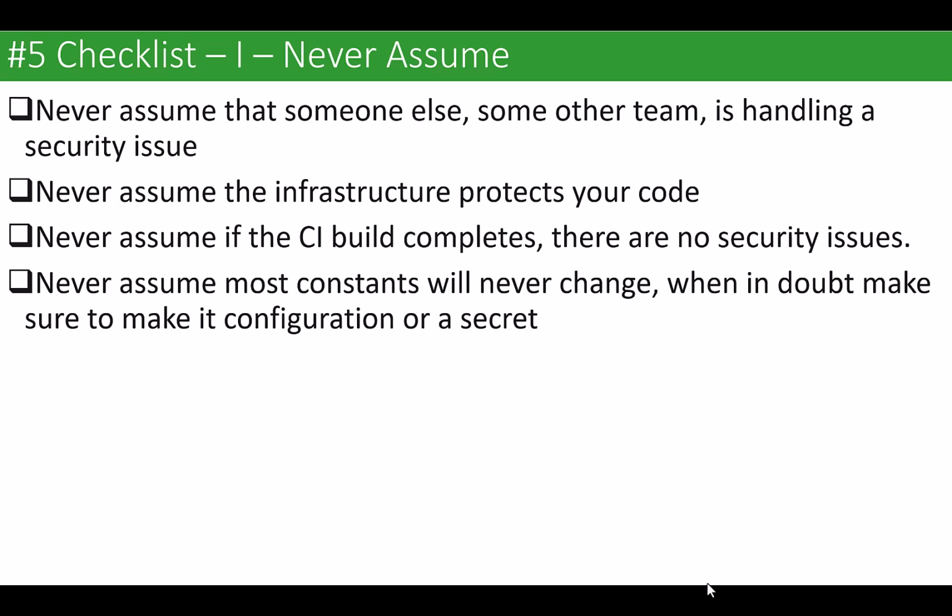Don't assume constants will never change. I have this allergy to hard coding things. People are like, well, there's 20 environment variables, and I'm like, right? It's cool as long as the total volume of environment variables doesn't exceed the amount allocated in the kernel per process. And that's a huge number.